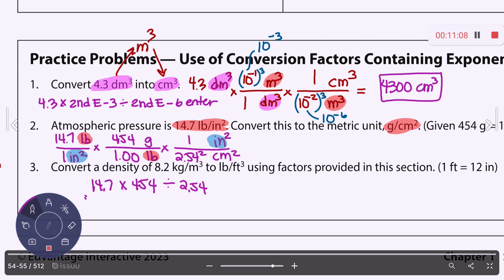So what I would do is I would hit the x squared key, which is on the left-hand side. And then hit enter. And then we want 3 sig figs in our answer. I got 1034. You would make it 1030 grams per centimeter squared. That's 3 sig figs.